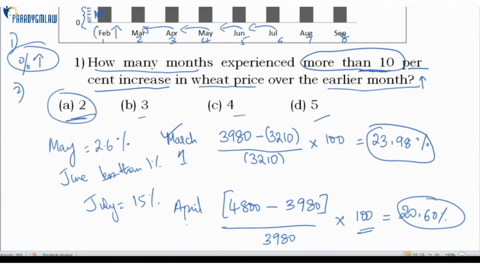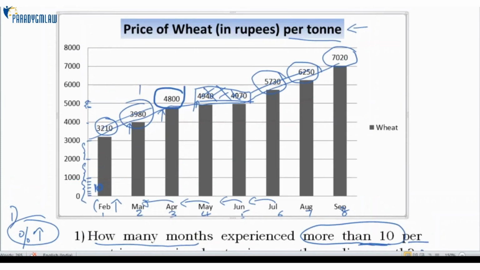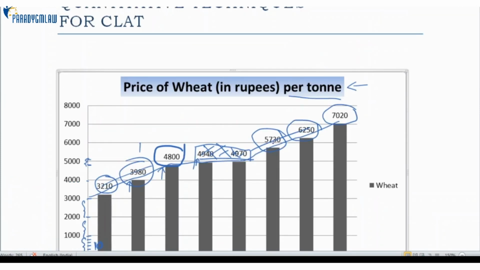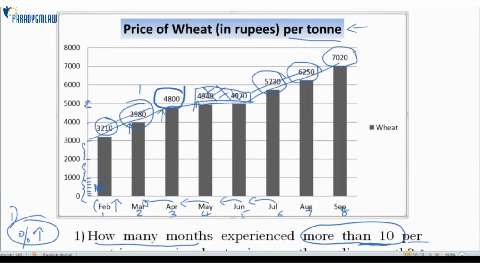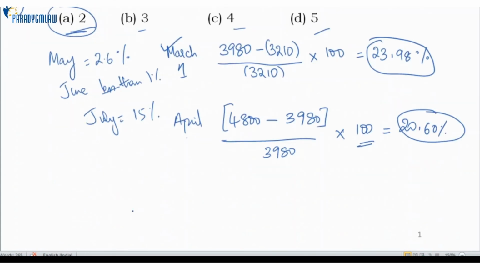And similarly, when you look at August, July, the increase is not that much. It's 6250 and 5730. When I calculate, I'm getting around 9%. Now 9% in August is not what we're looking for.